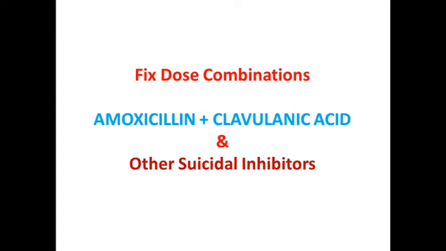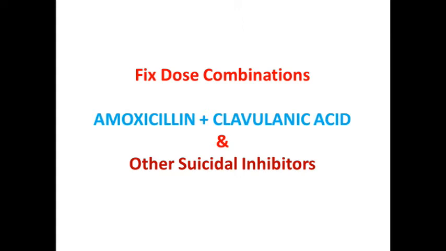Now, today we will discuss something about fixed dose combination of amoxicillin and clavulanic acid, also called Amoxiclav. This combination of antibiotics is very much in practice for treatment of various infections.